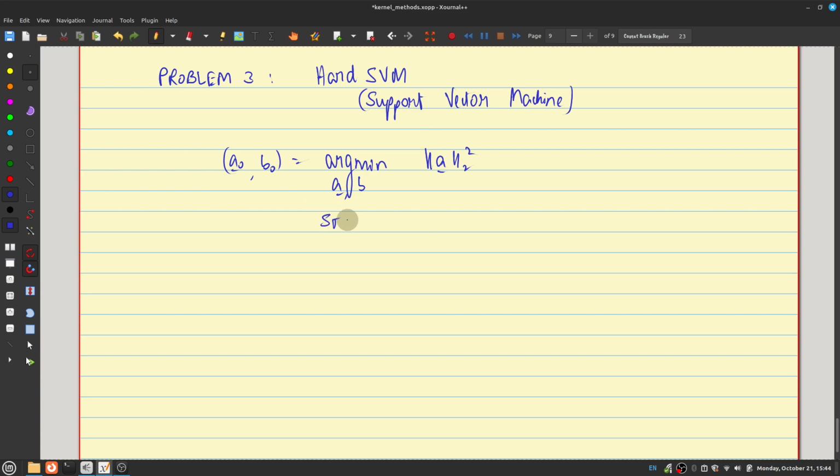But now it is subject to the constraint that yi times (a transpose xi minus b) is greater than or equal to 0 for all i.